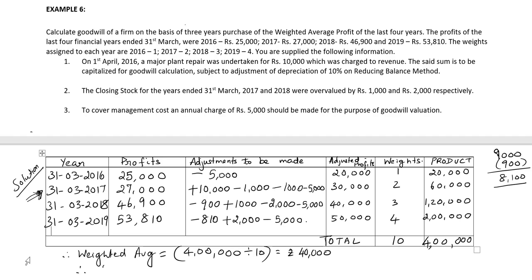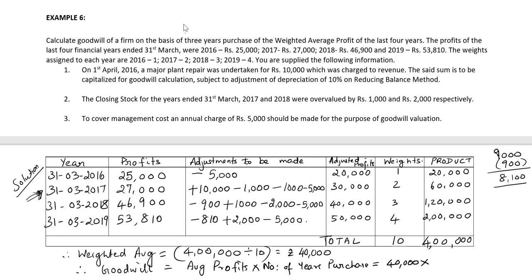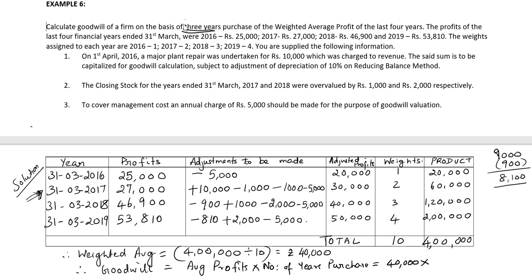And goodwill is equal to the weighted average profits into the number of years purchase, which is equal to 40,000 rupees into the number of years purchase, given as 3 in the sum.